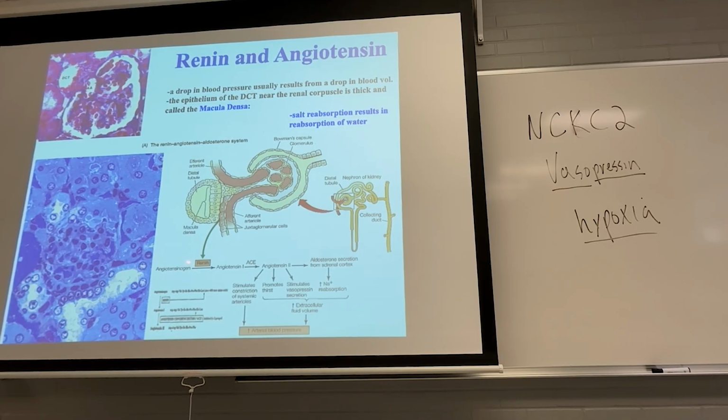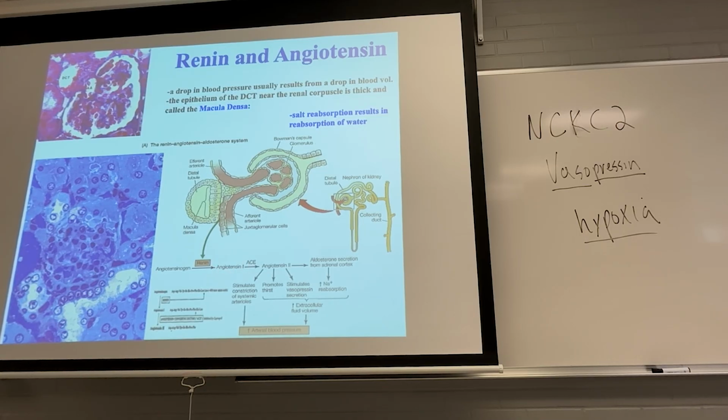When you see ogen at the end of a macromolecule, it is an inactive enzyme. That's what ogen means. And what renin does is cleave angiotensinogen and activate it into angiotensin 1.